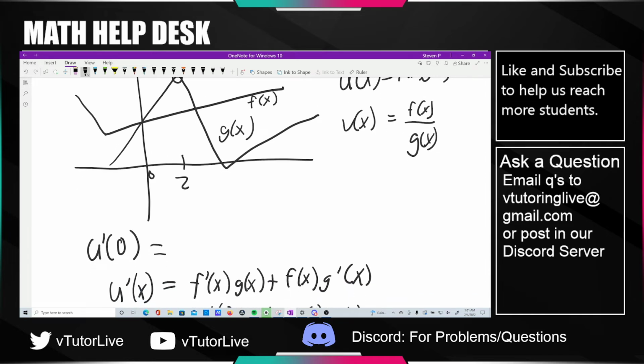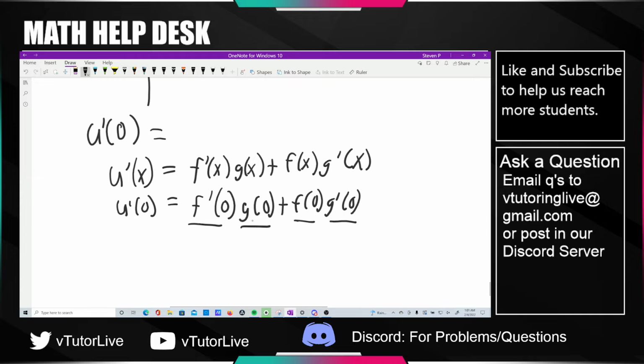Well, g of 0 and f of 0 are pretty straightforward. You literally just read off the value at the point of interest. That leaves the question, what exactly are g prime of 0 and f prime of 0? Can you tell me what the graphical interpretation of the derivative at a point is? I cannot. That's okay. The very first time you're learning them, these things are probably kind of mysterious.